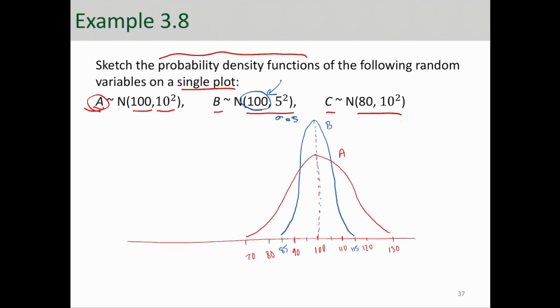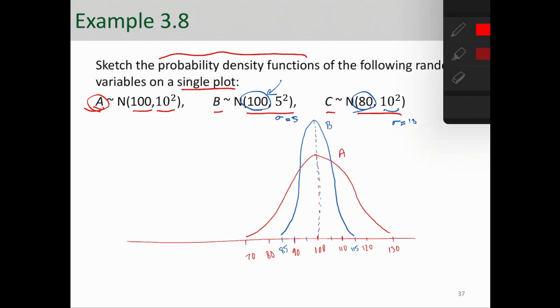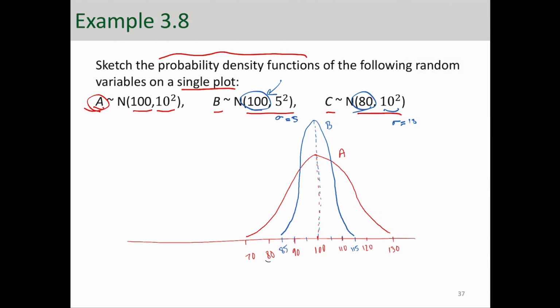And random variable C has a different mu and standard deviation of 10. So the average of this random variable would be placed at 80. And mu plus 3 sigma here would be 110. Mu minus 3 sigma would be 50.